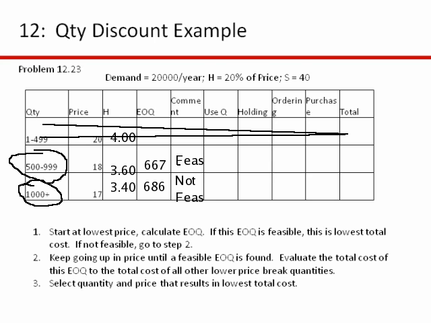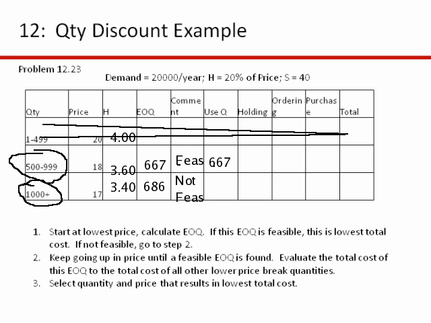Okay, so in terms of this use Q column, if it's feasible, we can use that EOQ. So we're going to calculate now the holding cost with 667, which is 667 divided by 2 times the $3.60.